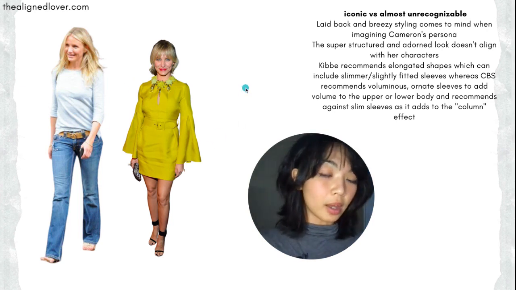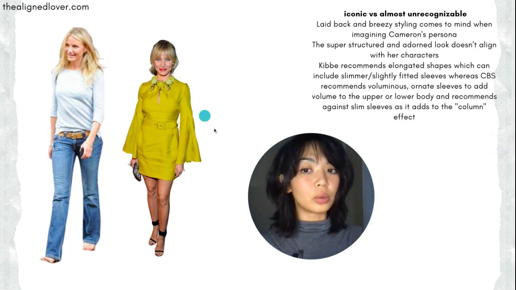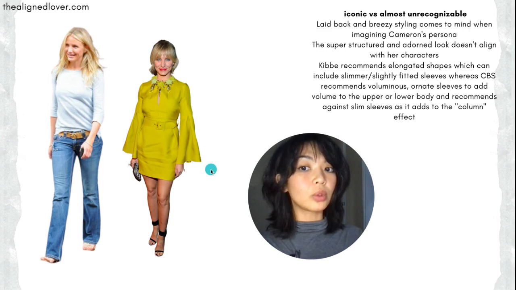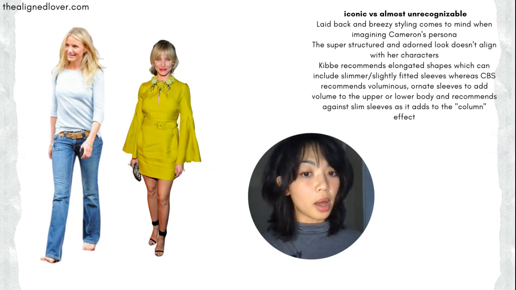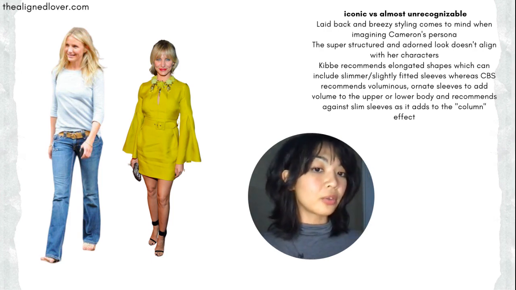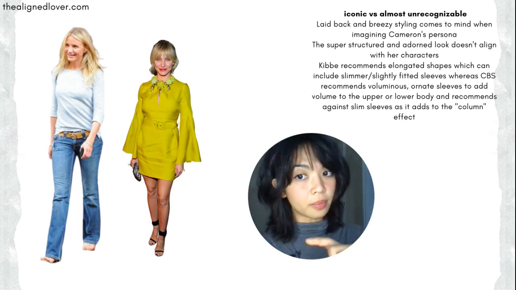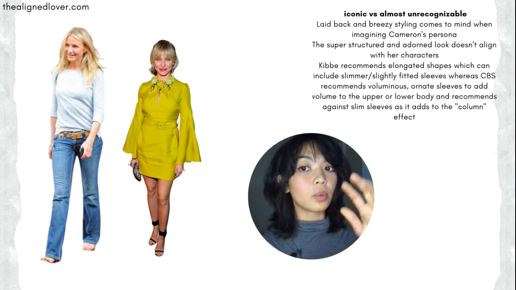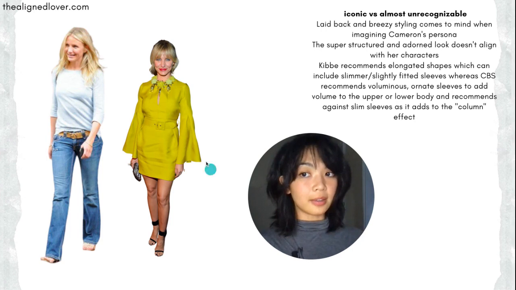Whereas in conventional body theory, rectangle shapes are often recommended to use big sculptural sweeping sleeves to create, again, more volume on either the top or the bottom half of the body and to distract from the waist, because the column-like body will theoretically be exacerbated by slim fitted sleeves.